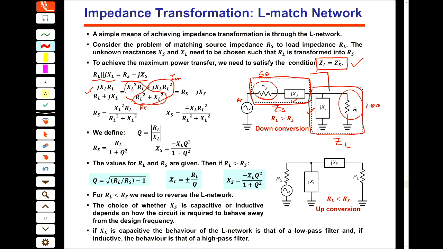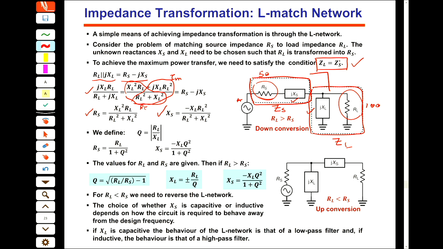Then we can write this equation like this. Okay? And then I equalize the real part and imaginary part. In the real part, when we equalize, we see that RS should be equal to this value, and then XS should be equal to this value.